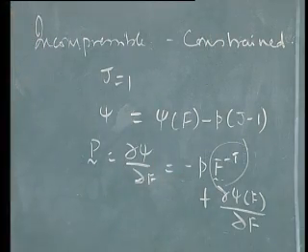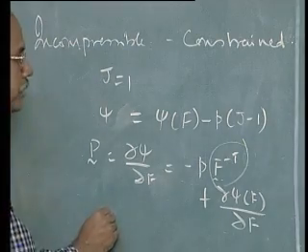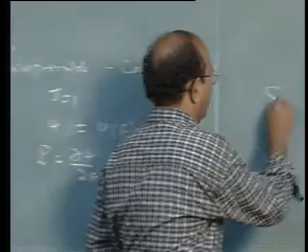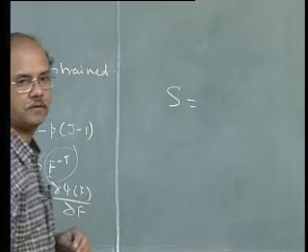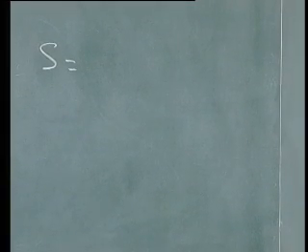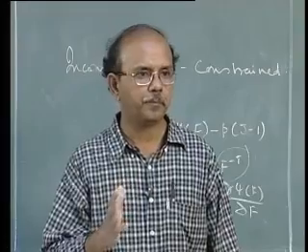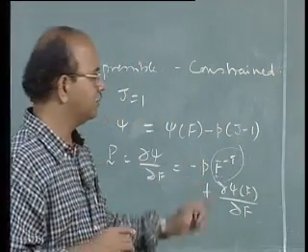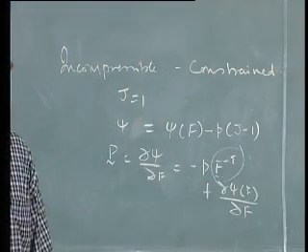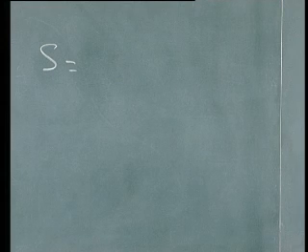Let me see. Can you write down what is there for S? What would be the expression for S? I understand that there are a lot of equations and examples. It's a nice thing to look back and see what is the relationship between S and P, and see whether you can determine that.